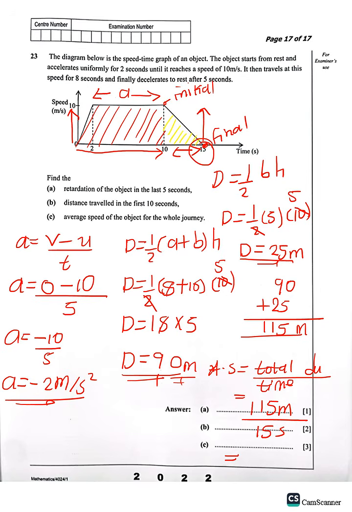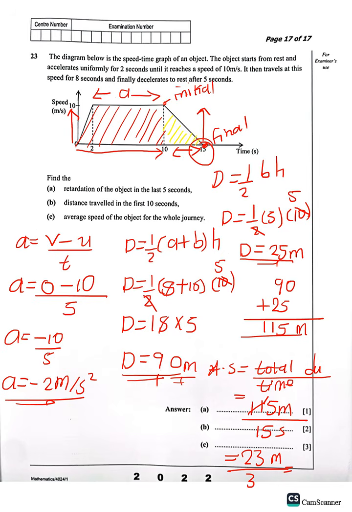So let's see which number we can use to reduce. Let's begin with 5. 5 into 115 is 23, and 5 into 15 is 3.